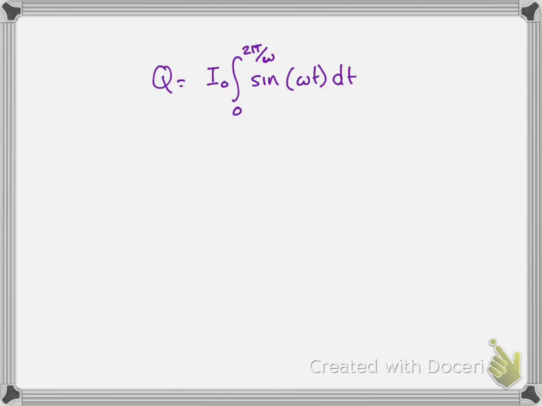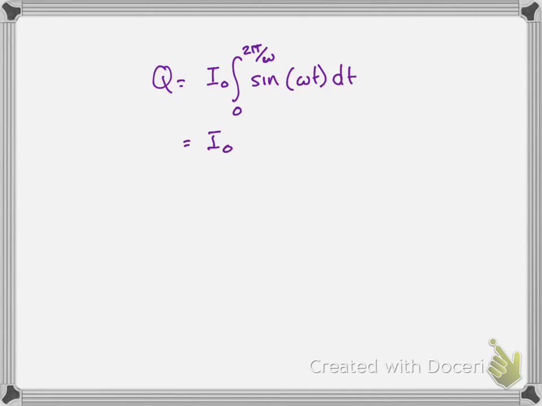Okay, so let's do that integral. I0, what's the integral of sine omega t? Most of you at this point know how to do the integral of a sine, but if you don't, you look it up in an integral table, or in Wolfram Alpha.